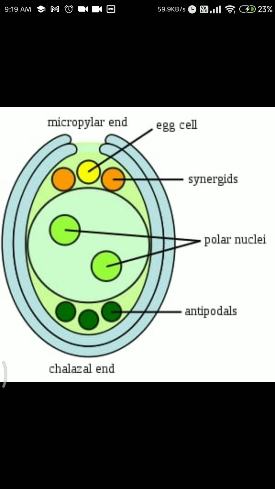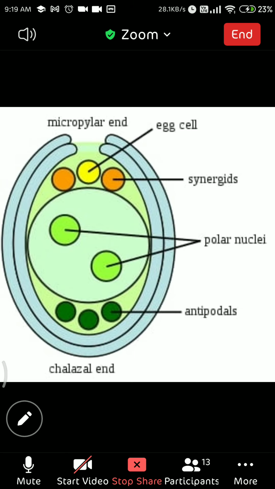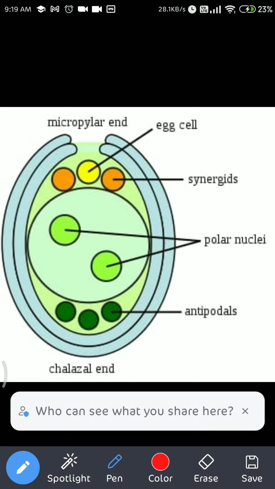They are known as antipodals, and in between the two polar nuclei are there. And these blue linings are the integuments. So that's all about the ovule.